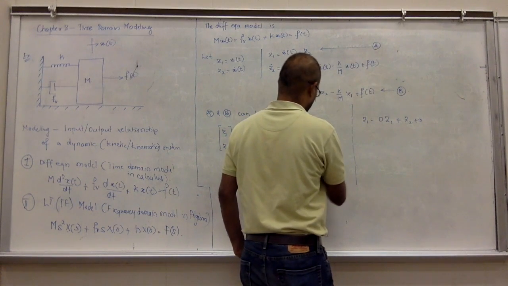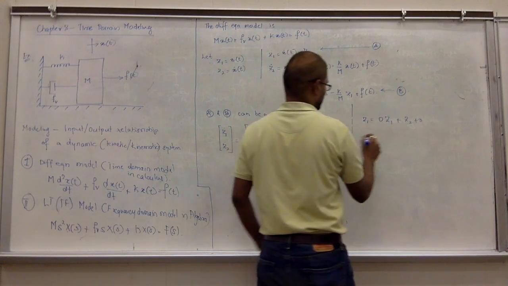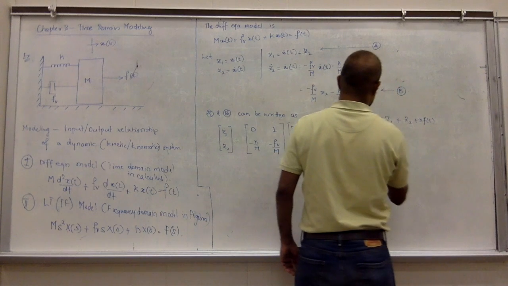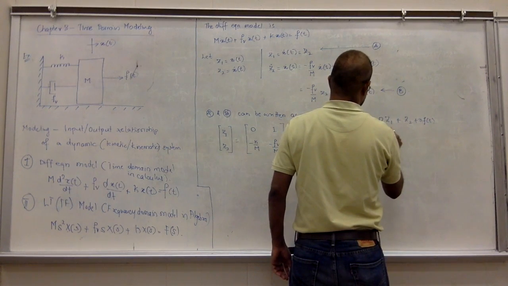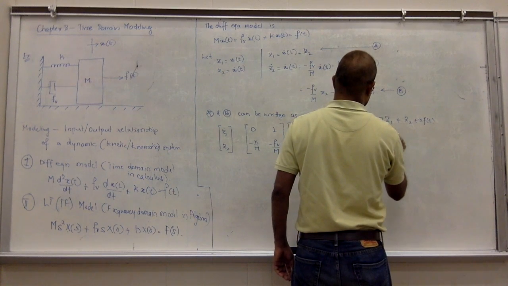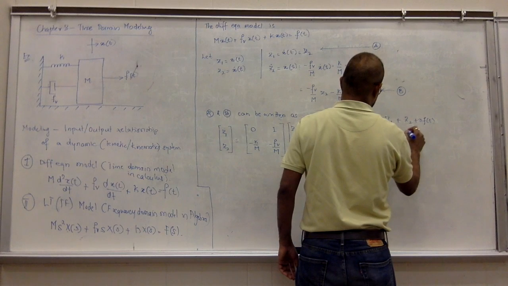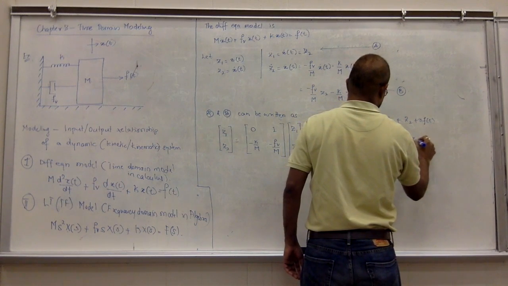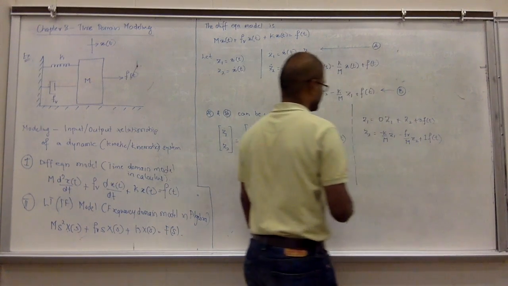You can also write it like that. I think it helps when you write that. Z2 dot is minus k over m Z1 minus fv over m Z2 plus 1.